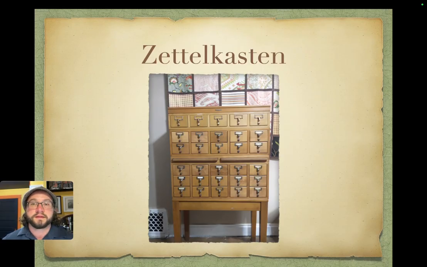So a Zettelkasten, as we know it now, comes from the work of a German sociologist named Niklas Luhmann. He had a Zettelkasten himself, and he was a prolific writer, and because of the research and the writing that he did using his Zettelkasten, there has been a growing interest since then in recreating it for each of our individual selves.